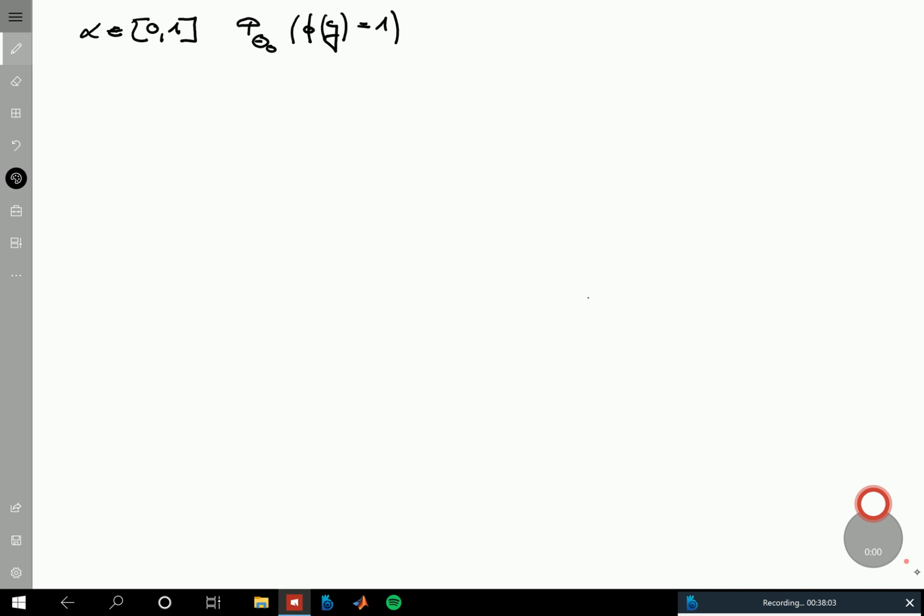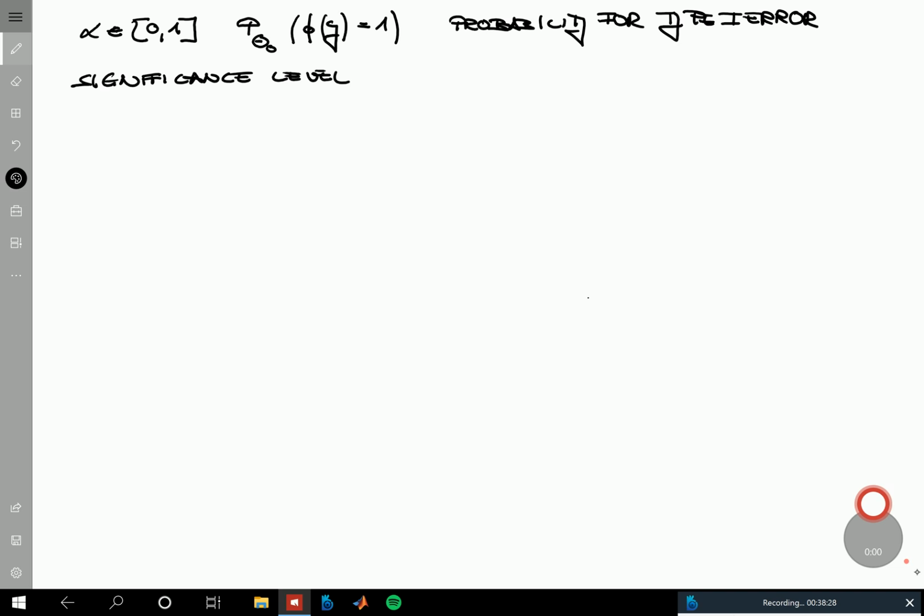So that's the probability for type 1 error. And now we are introducing the notion of a significance level, which is not the same as a test error probability, not necessarily.